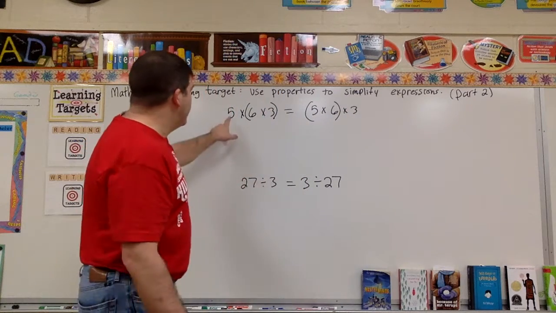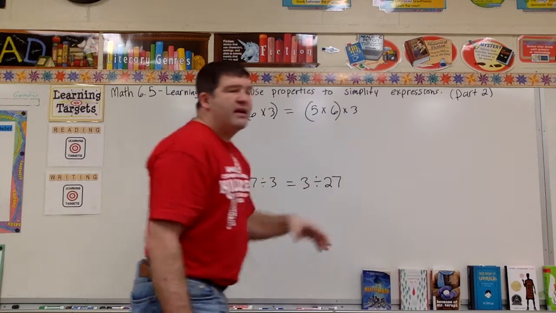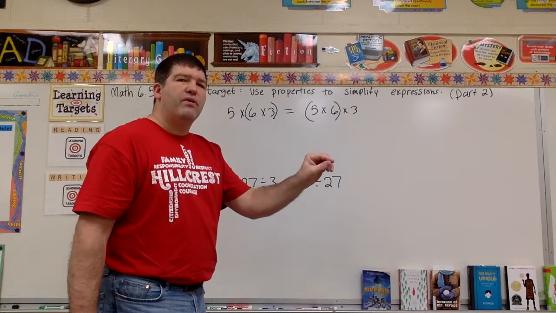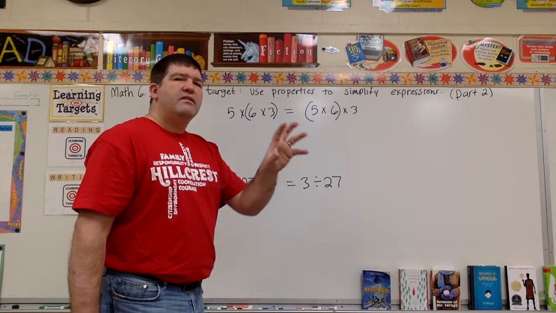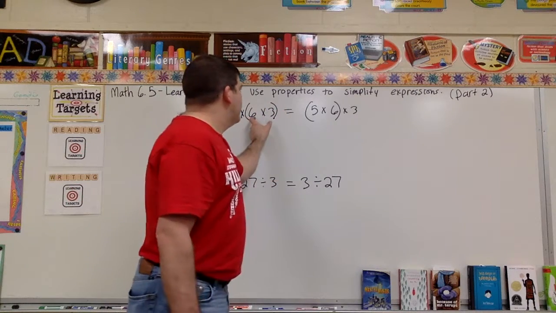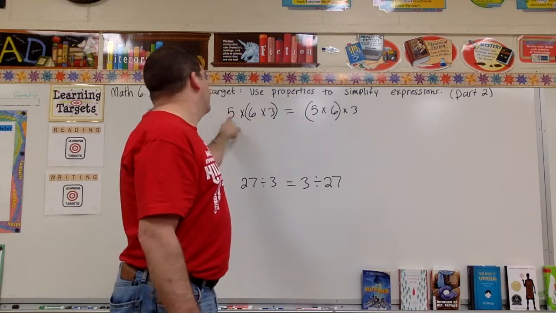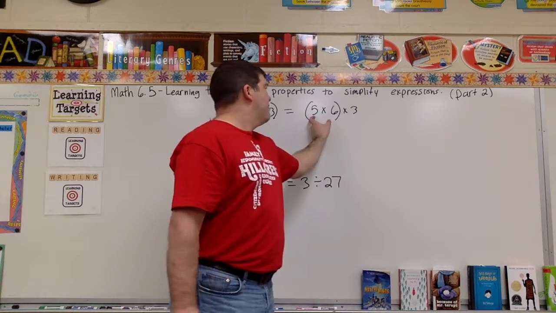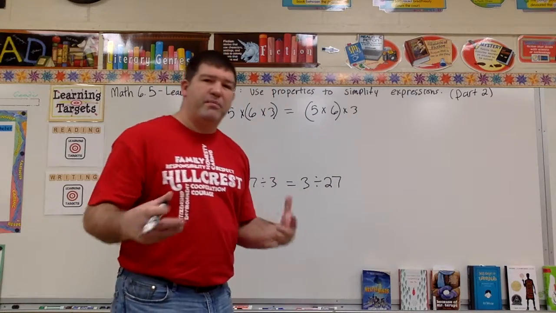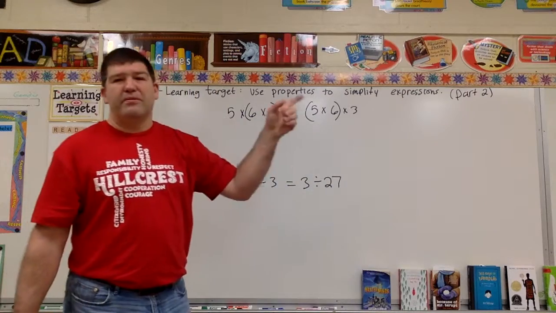Right away I see 5 times 6 times 3, 5 times 6 times 3. They're all multiplication and they're all in the same order. They're just associating differently with each other. These two are maybe like best friends right now, and then they're going to get together with this friend. These two are best friends, and then going to get together with this one. So they're associating with people differently, but they're in the same order, and they're all multiplication.